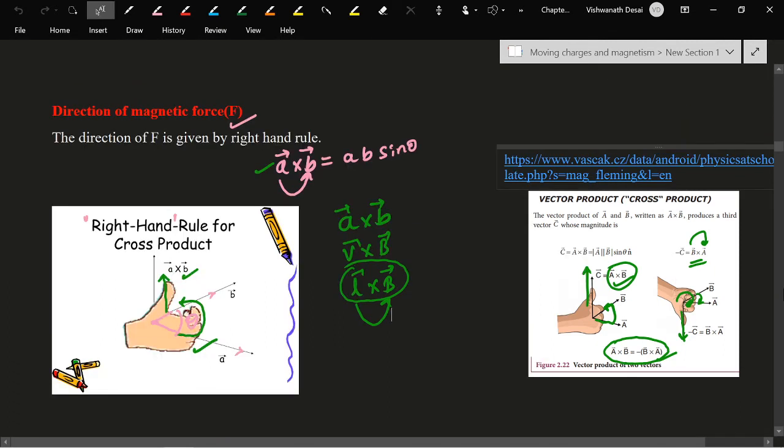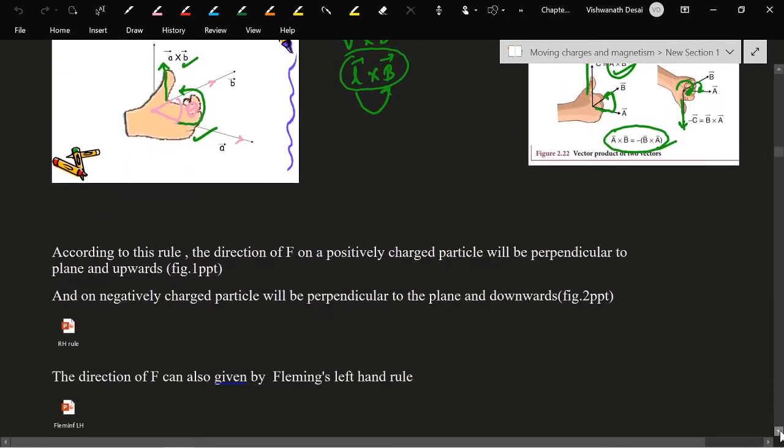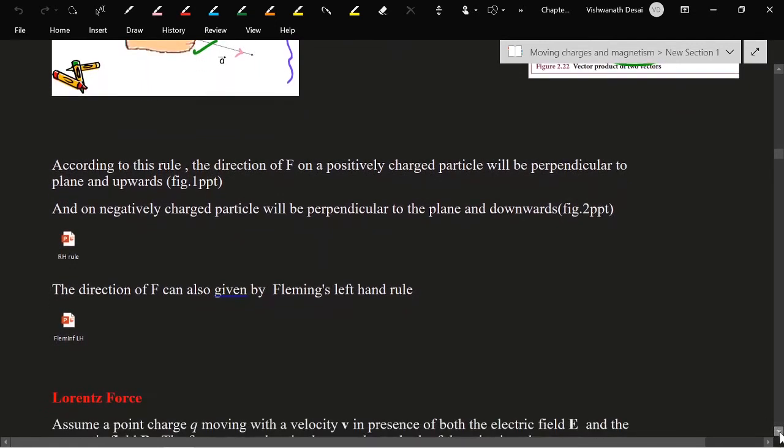So now you have knowledge of the cross product. Let us now apply it to a charge in motion that experiences a force.